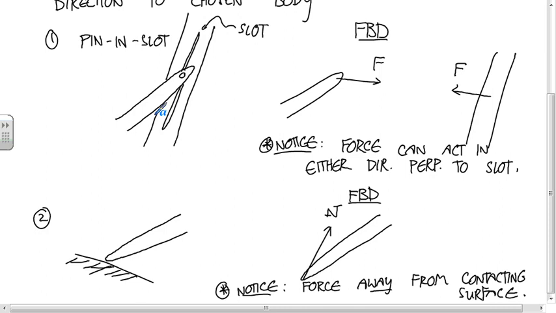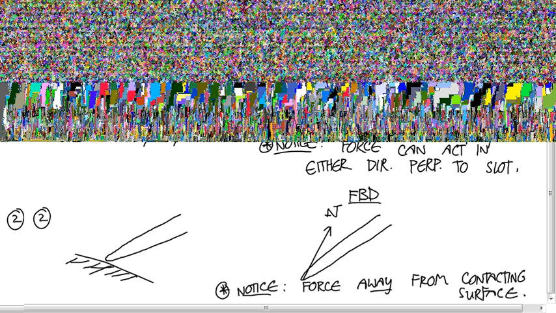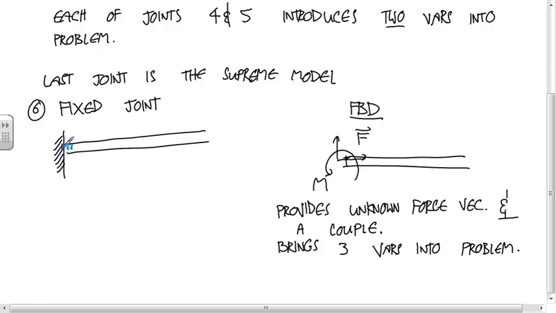But when you get to the fixed joint, that's the first time that not only is translation restricted, but the things can't rotate relative to each other anymore, and that's when the moment comes into it. So if you just think about what motions are prevented, that'll tell you what forces and couples are applied.